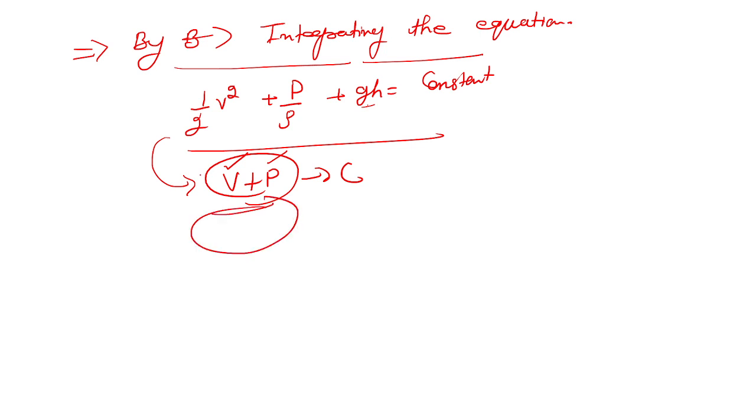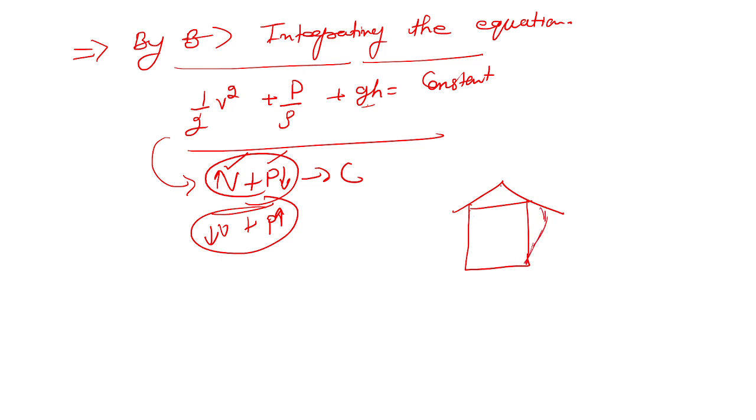If in the first region the velocity is increasing and pressure is decreasing, then velocity will decrease and pressure will increase in the second region.